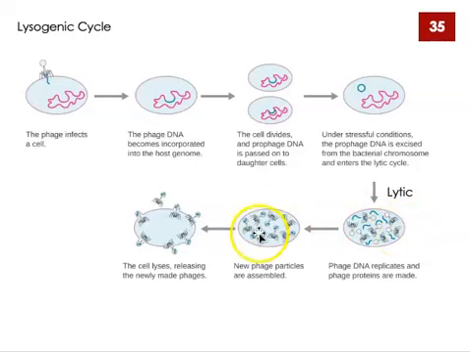We're going to get new viral particles made. They're going to rupture and exit the cell. So sometimes during the lysogenic cycle, we stay in the lysogenic cycle. And sometimes the lysogenic cycle reverts back to the lytic cycle.